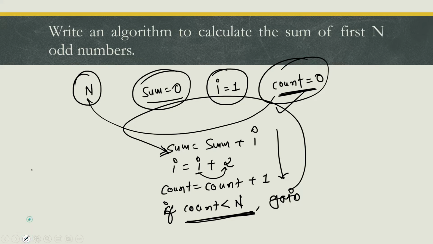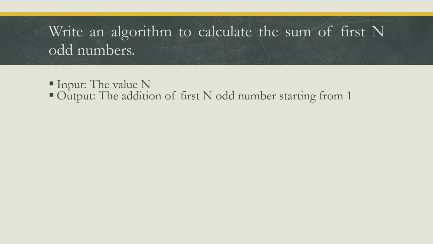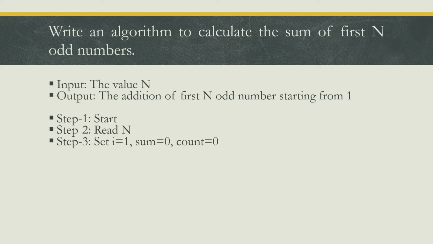We have to perform this step until the condition count less than n becomes false. Okay, so let's start. As I explained, the value of n is how many odd numbers you want to process. Then output the addition of the first n odd numbers starting from 1. Step 1: start. Step 2: take the value n from the user, that is the number of odd numbers.